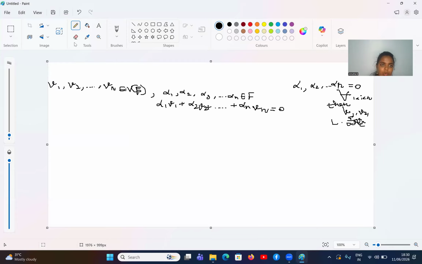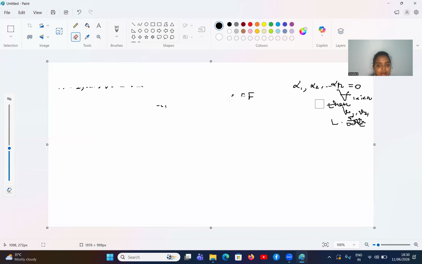Now we are going to see the concept of linear span. What is a linear span?